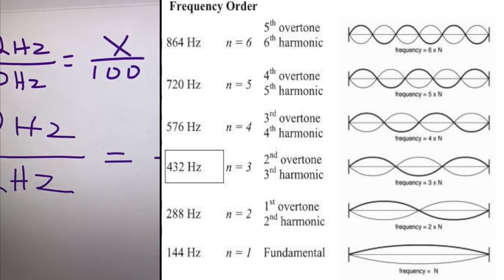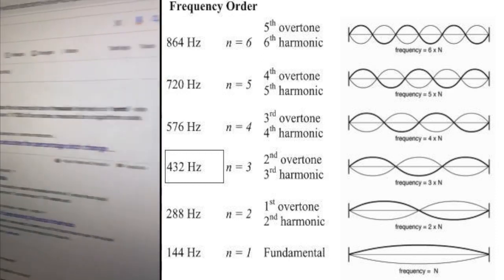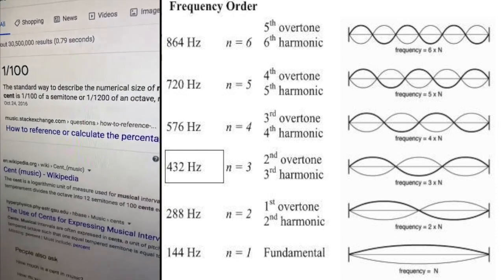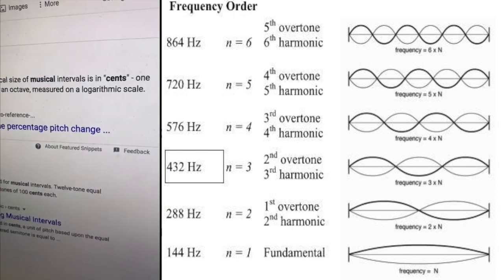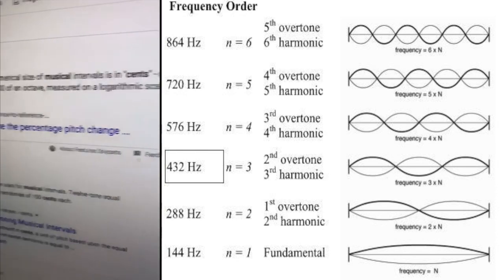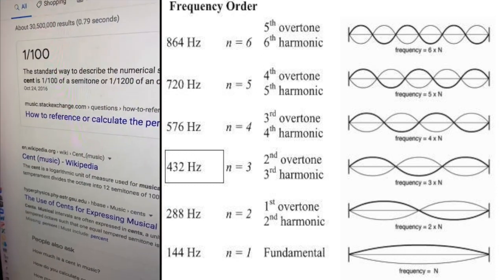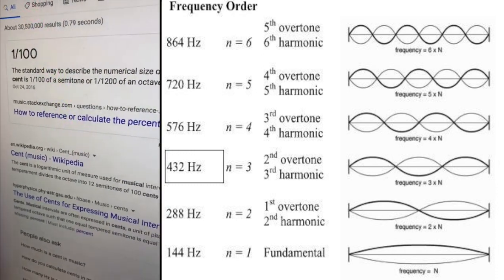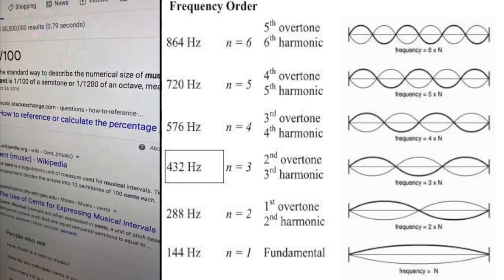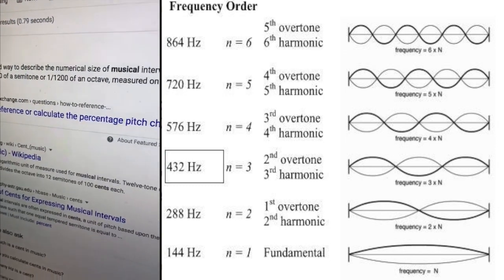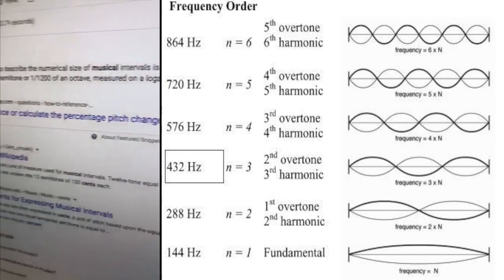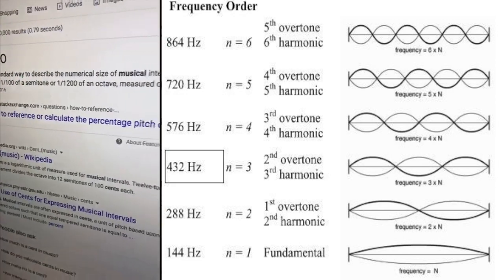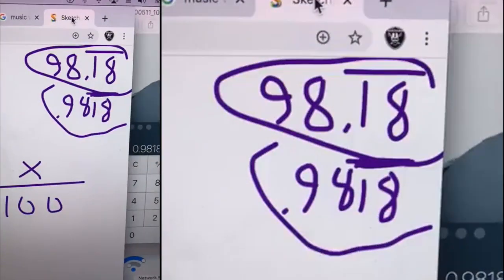And cents are divided into 100. So I'm going to go over here. It says the standard way to describe the numerical size of musical intervals is in cents. 1 cent is 1/100th of a semitone, or 1/1200 of an octave, measured on a logarithmic scale. All right. So you can convert that to cents too.